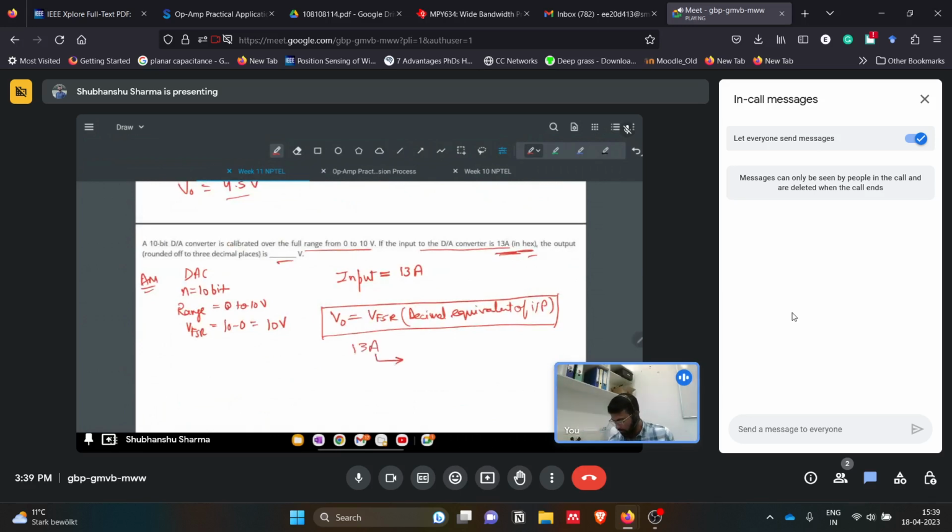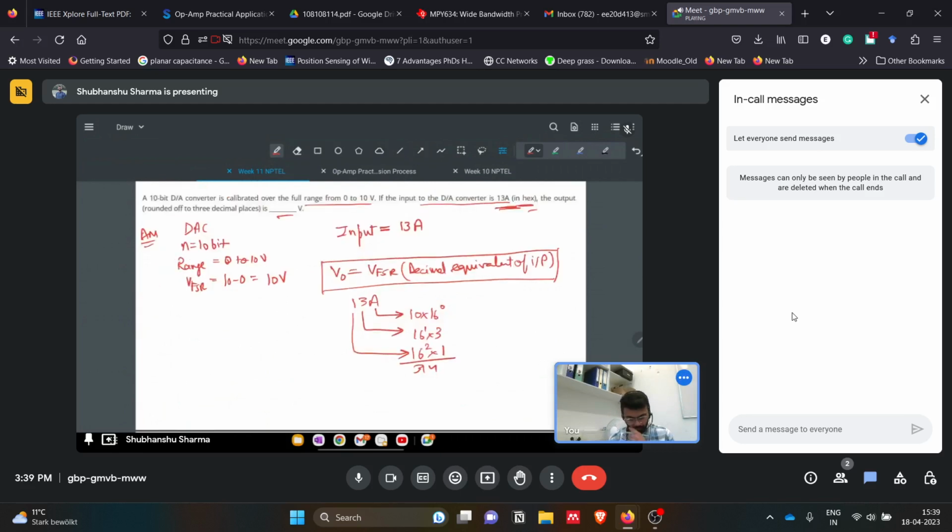This A is 10, so 10 into 16 to the power 0. This 3 is 16 into 3, and this one is 16 squared into 1. That is 314. Okay, it's because A is 10, 3 is 3 and 1 is 1. So we got 314 in decimal form.